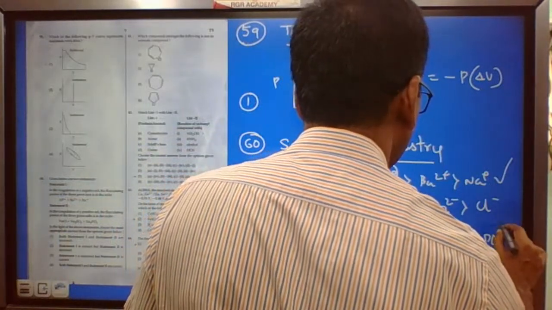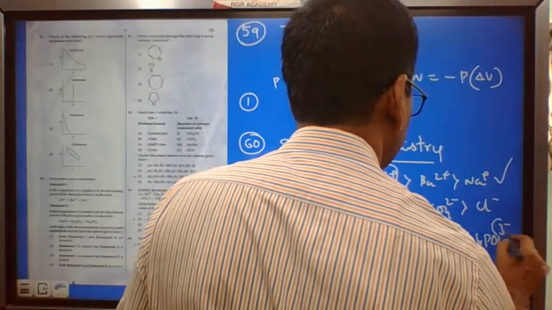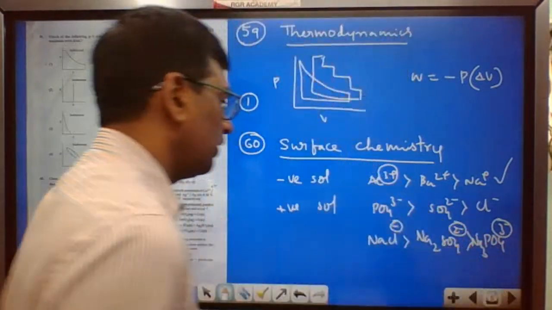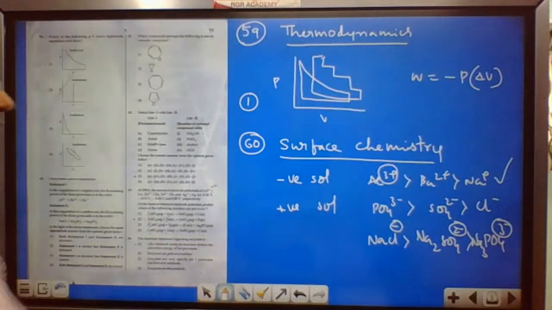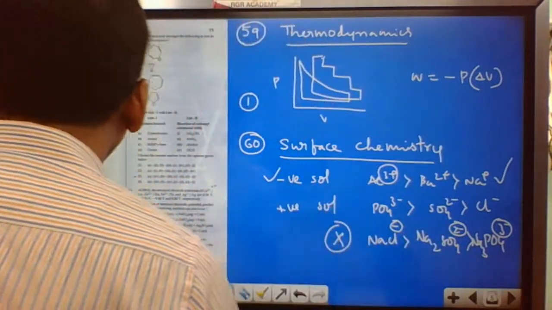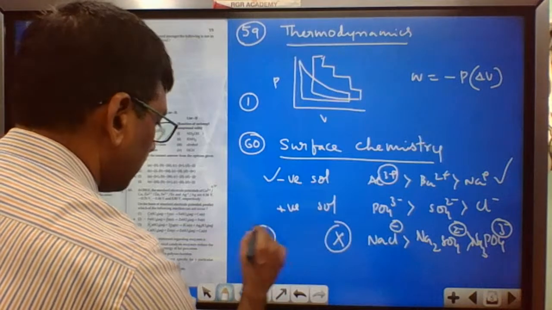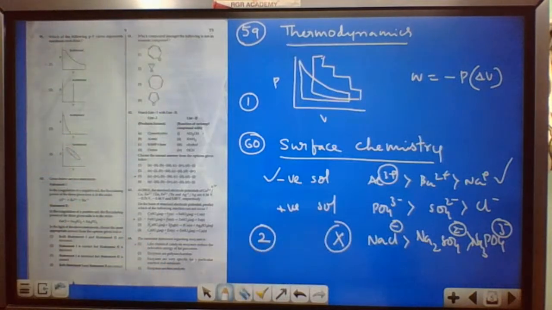This is absolutely wrong. One has minus 3, the other has minus 2. So statement 2 is wrong and statement 1 is correct. So for the 60th question, option 2 is the right one.